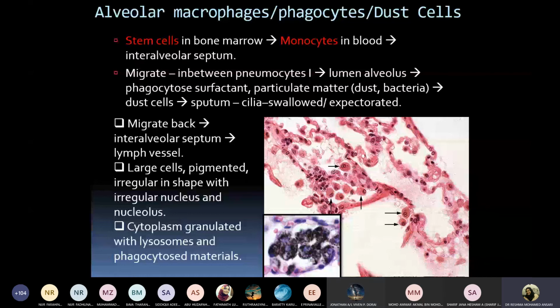So the macrophages are resident cells of the brain, as well as in the spinal cord, like in the neural tissue. In the liver we call them Kupffer cells, whereas in the brain, I forgot.